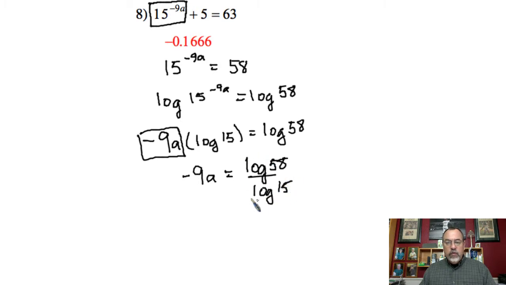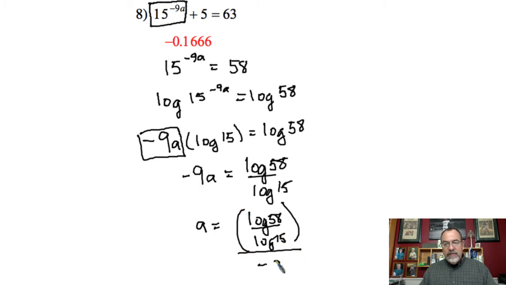Now remember, this is one number, so in my last step, when I'm dividing by negative 9, I'm taking this log of 58 divided by this log of 15, whatever that number is, and I'm dividing that by negative 9, and that's going to give me my answer. So again, I'll walk you through this. We're going to do log of 58, enter.